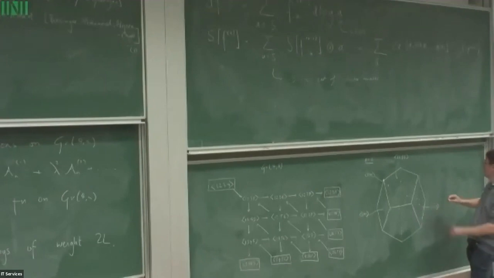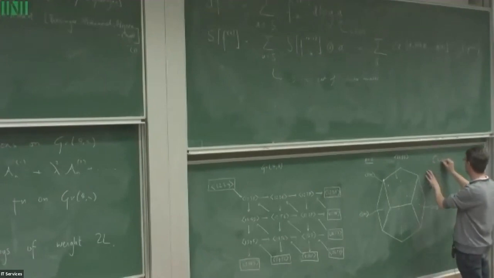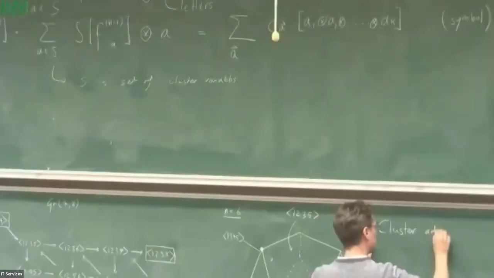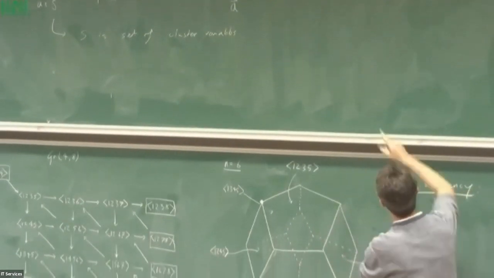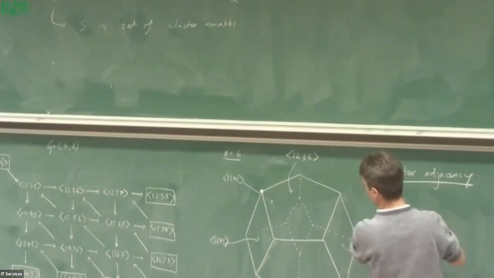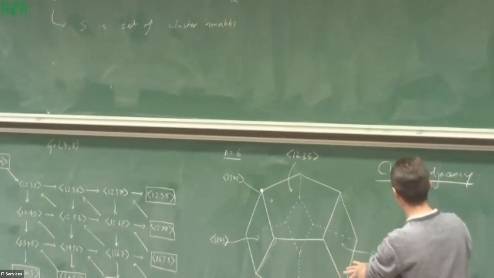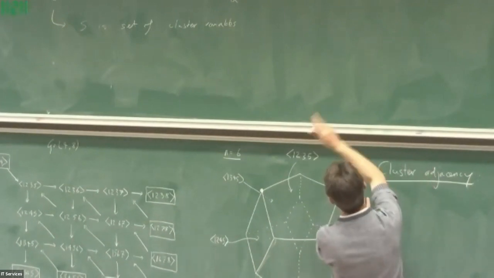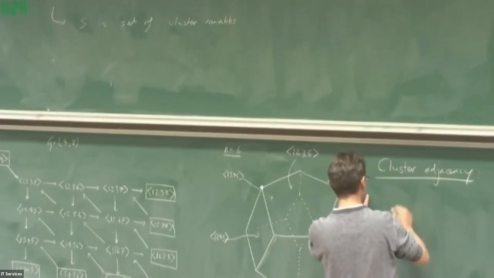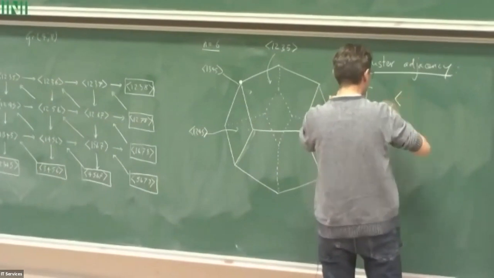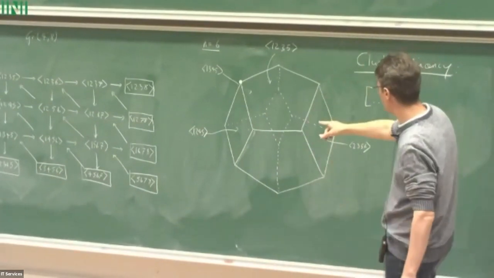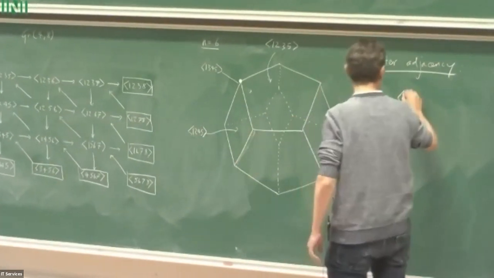So this is what's called cluster adjacency. The singularities of the scattering amplitudes, not only is the set given by the set of cluster variables, but certain combinations are forbidden. An example would be, let's see, what's forbidden? So this square, let's say, is 1, 2, 4, 5.